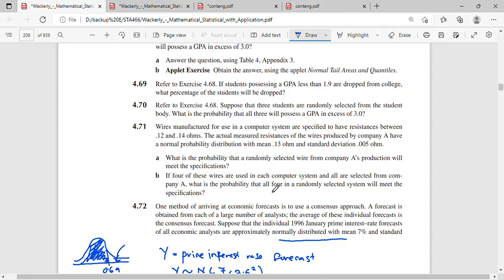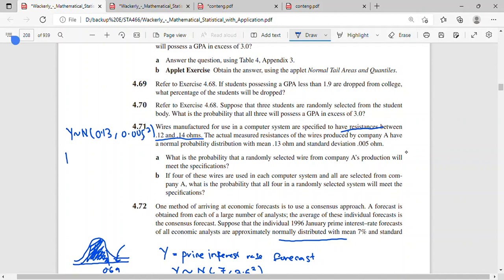What is the probability that a randomly selected wire from company A production will meet the specification? So it will be to have resistance between 0.12 and 0.14 because Y dekat sini normally distributed with mean 0.13 and 0.005 square.